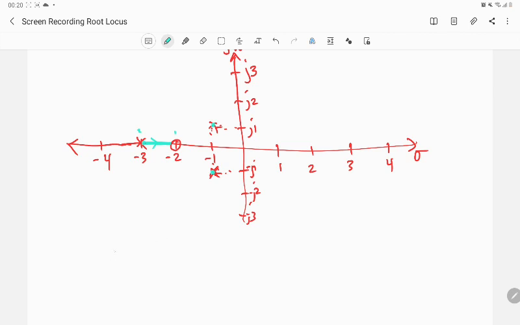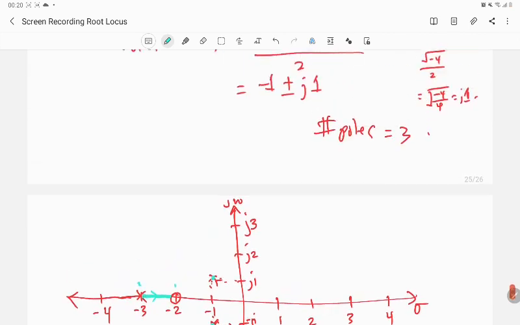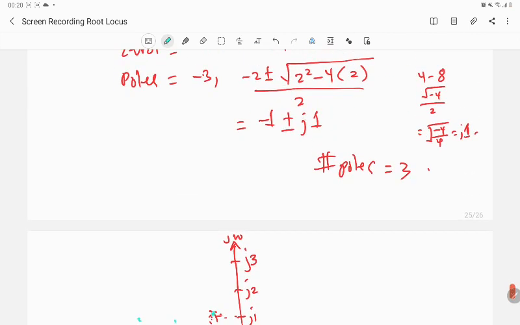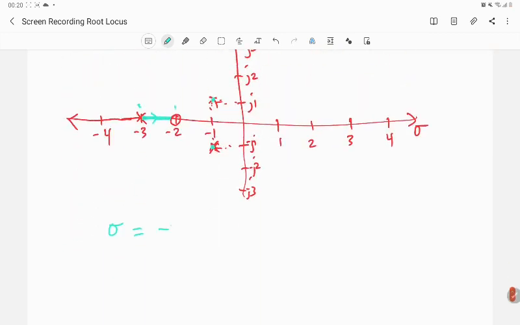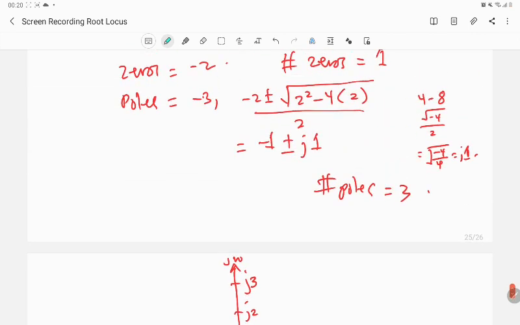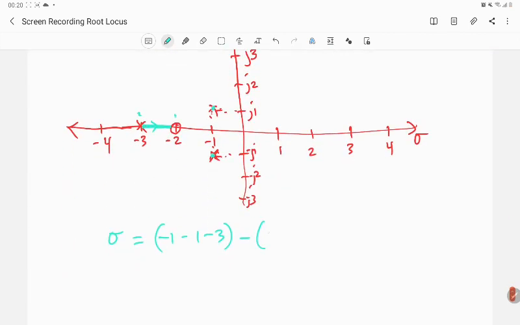So let's find the asymptote. The centroid of the asymptote will be equal to the sum, where the imaginary parts will cancel out. So the poles will be -3, -1, -1, that will be the summation of the poles minus the summation of the zeros, and the zero is -2, divided by the number of poles, 3, minus the number of zeros, 1.